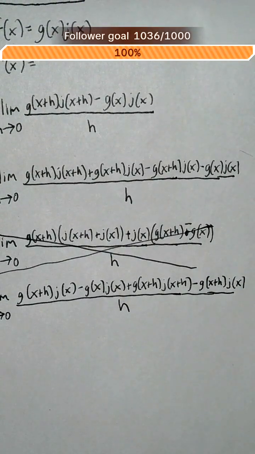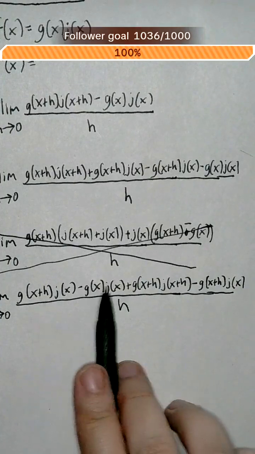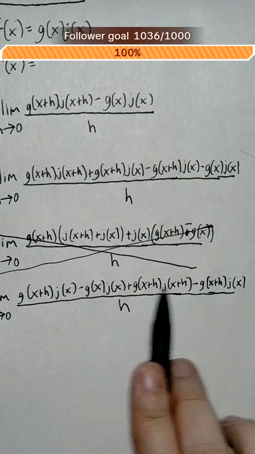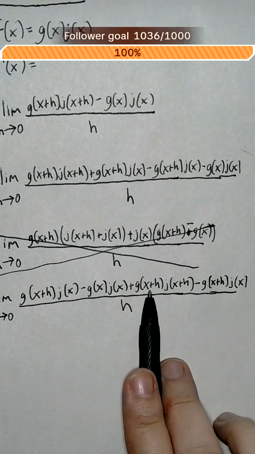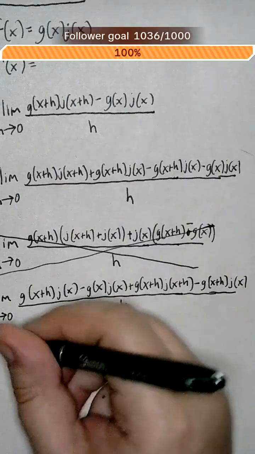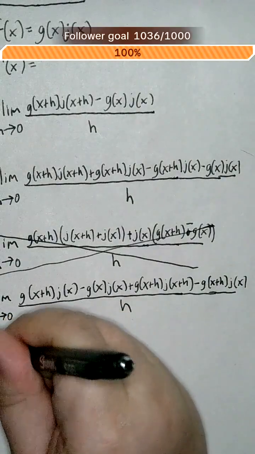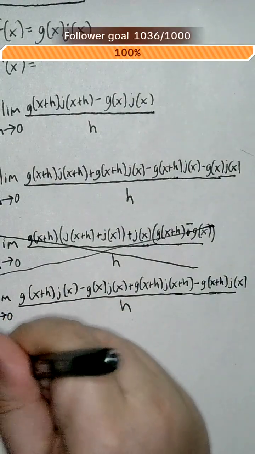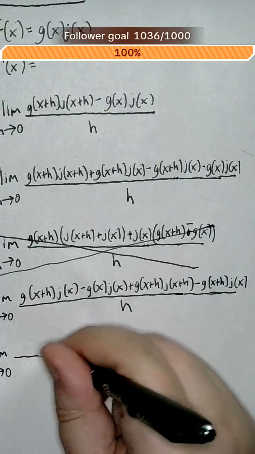So now from here, out of this term, I'm going to factor out a j of x, and out of these two terms, I'm going to factor out a g of x plus h. So again, limit as h approaches 0 of the following.